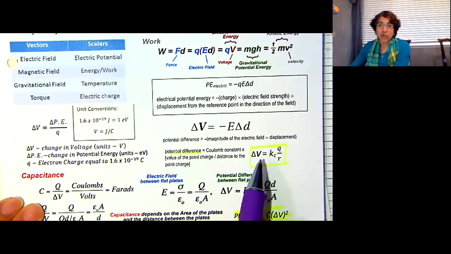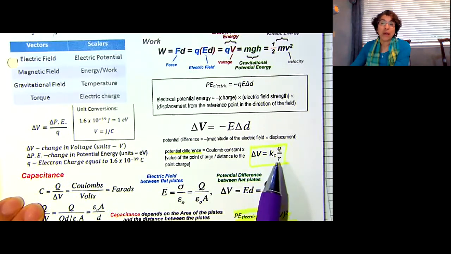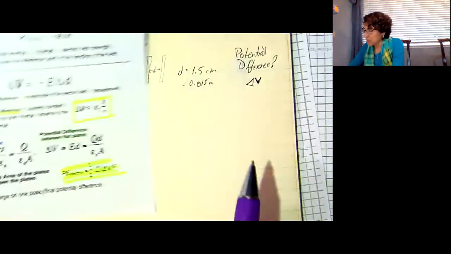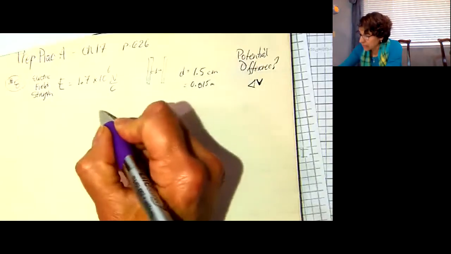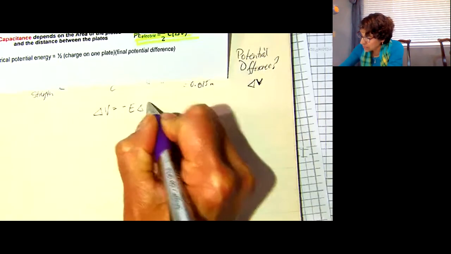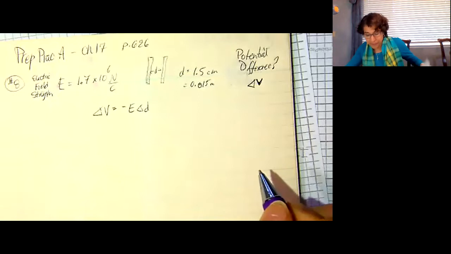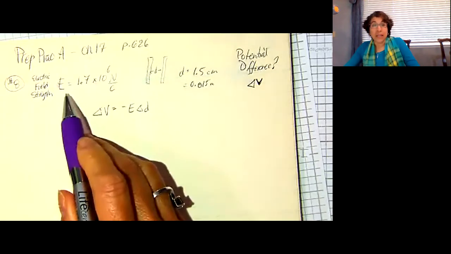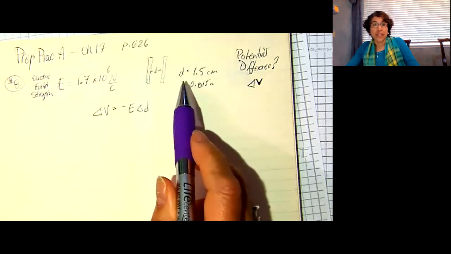Also, change in voltage is the Coulomb constant and the charge divided by the distance. So this is the one that we have here. I've got change in voltage is equal to negative E delta D. There we go, so we have the E and we have the D.